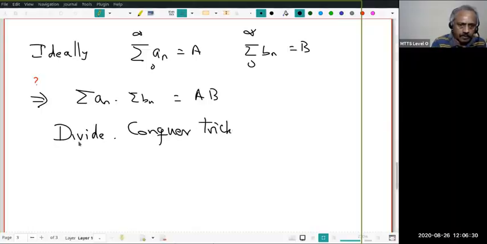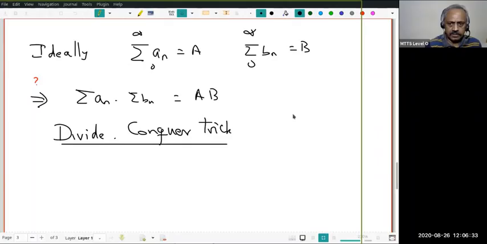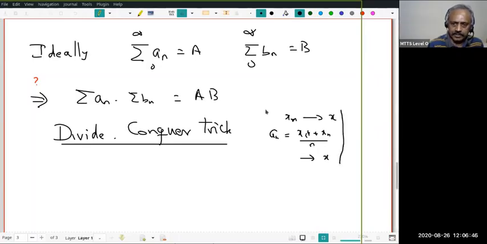We have seen this in the sequence videos: arithmetic averages of a convergent sequence also converge to the original limit. We had already used a divide and conquer trick there. Please check the sequence videos; one of them will have a proof of that. The same trick, but the proof here is a little more subtle, even though it is again divide and conquer.